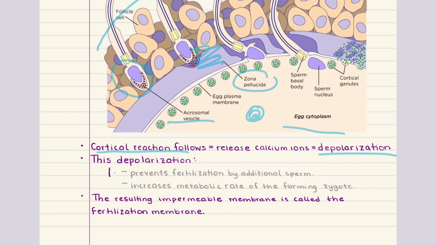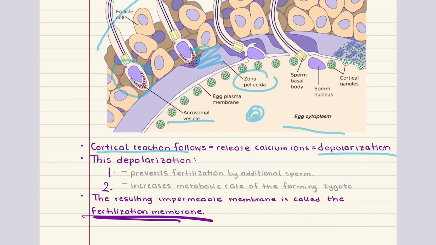This is a process known as polyspermy prevention. The second major effect is that it increases the metabolic rate of the newly formed zygote to prepare it for the next stages of development. The calcium release and the membrane changes also lead to the formation of what's called the fertilization membrane. This is an impermeable barrier that makes sure no more sperm can enter.